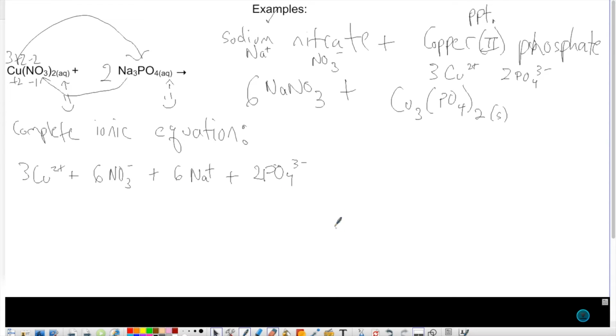States of matter for a complete ionic equation are somewhat redundant. Okay, there is one place that they're very, very important. Okay, yields 6 sodium ions plus 6 nitrate ions plus copper 3 phosphate.